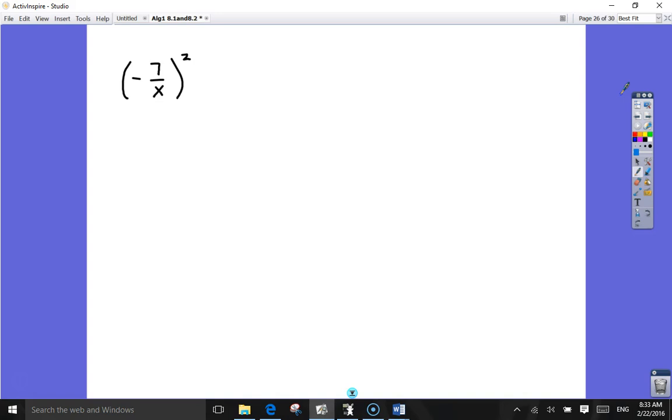What's going to happen to the negative? You square a negative, you get a positive. So actually that's going to go away. 7 squared over x squared. Positive, right? That's a plus. And 7 squared is not 14.